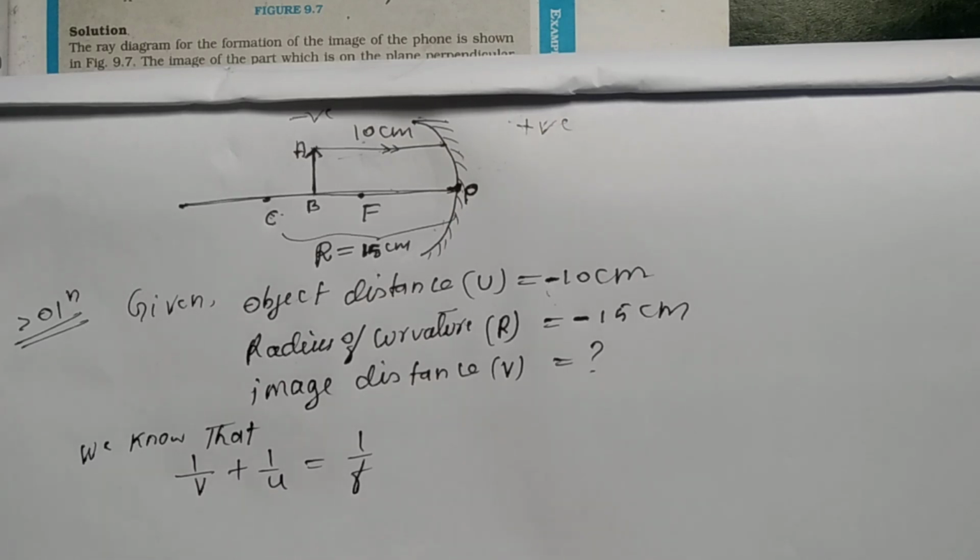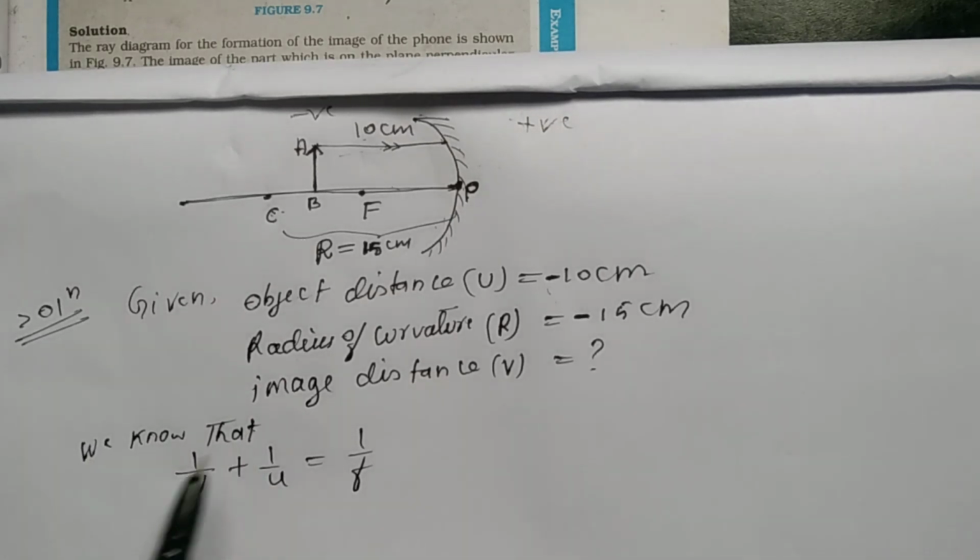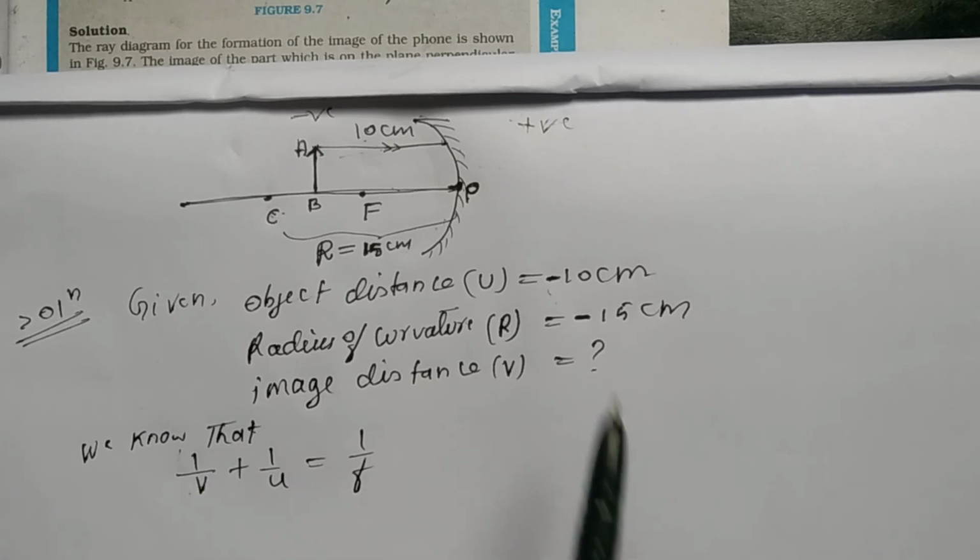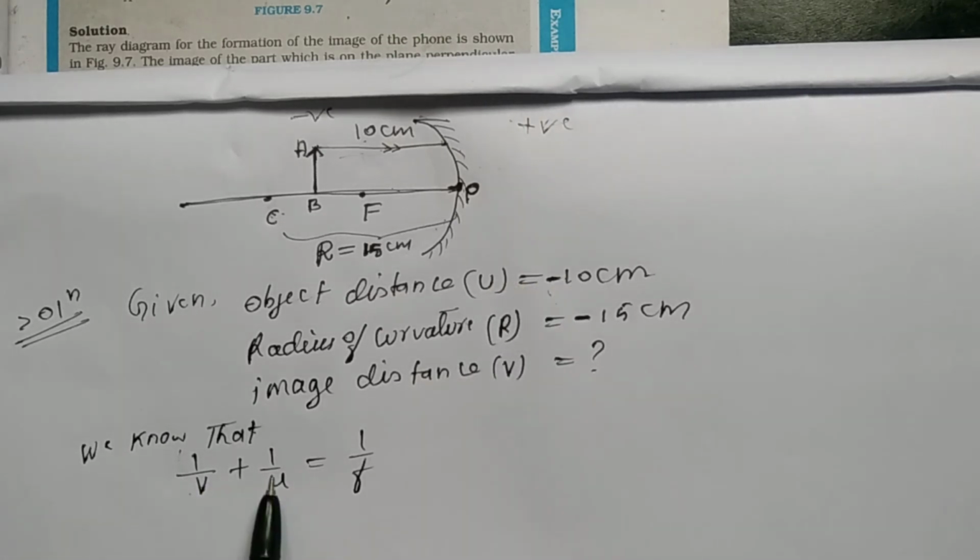So let's start the solution. We know that 1 by v plus 1 by u equal to 1 by f. We have to find the value of v, the image distance. We know the value of u only, which is minus 10 centimeter, but we don't know the value of f.